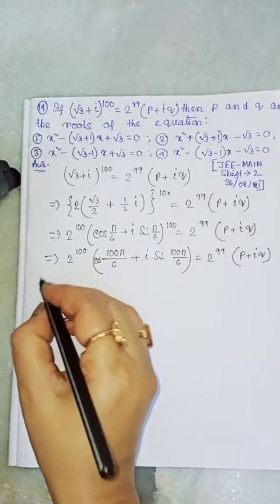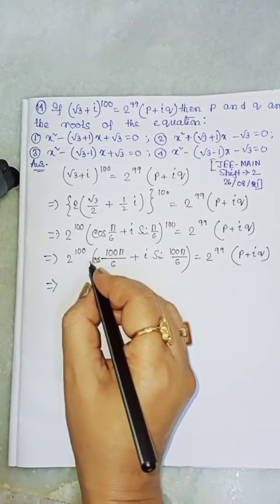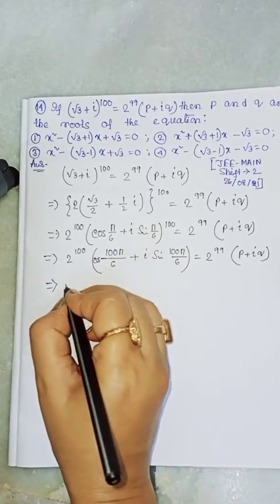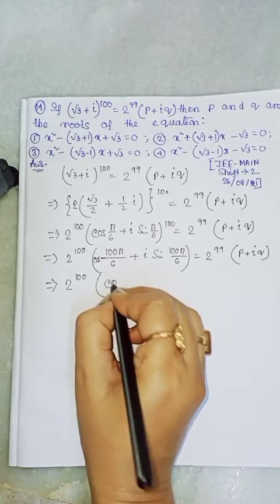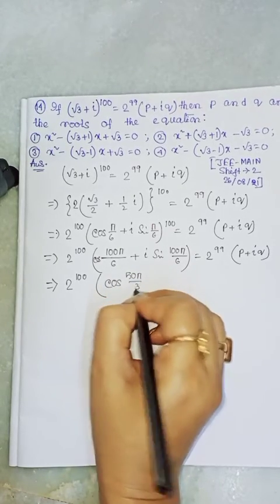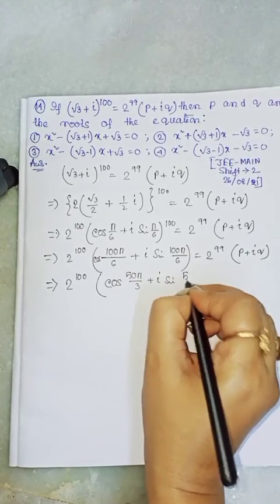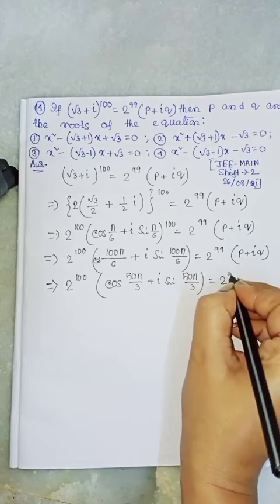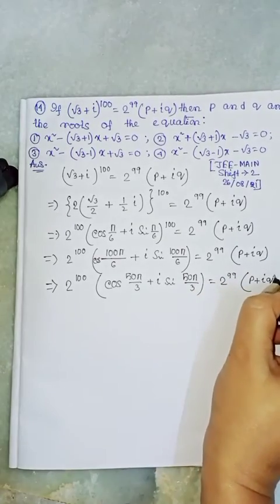So now that implies, simplifying this one, 2 to the power 100 cos 50π by 3 plus iota sin 50π by 3 is equal to 2 to the power 99 (p plus iota q).